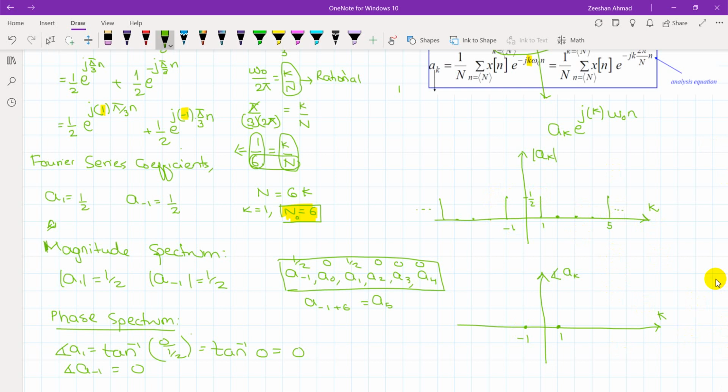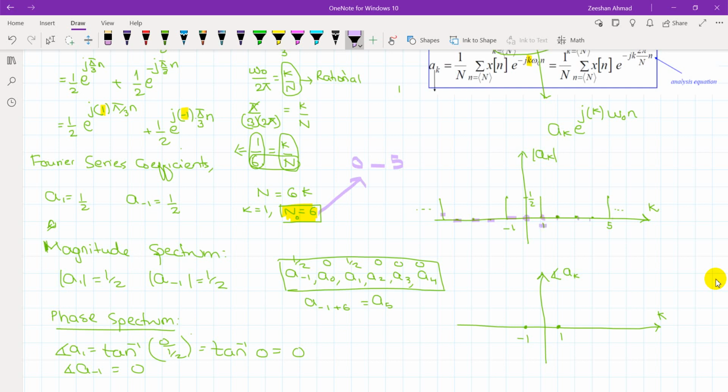You can say, okay, I have basically 6 values. So I have 1, 2, 3, 4, 5, and 6. So this is all your values if you want to start from here. Like if you want to make the value of n from 0 to 5 for this particular n, you can say this is 0, 1, 2, 3, 4, 5.